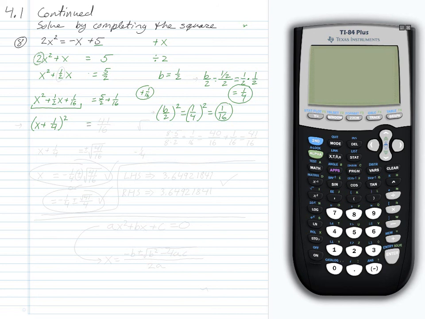Alright, now the right-hand side, 5/2 plus 1/16. I'll do a little side work here. If I want a common denominator so I can turn this into a single number, a common denominator of 16 would be good, so let's multiply the top and bottom here by 8. So 40 over 16 plus 1/16 looks like 41/16 on the right.